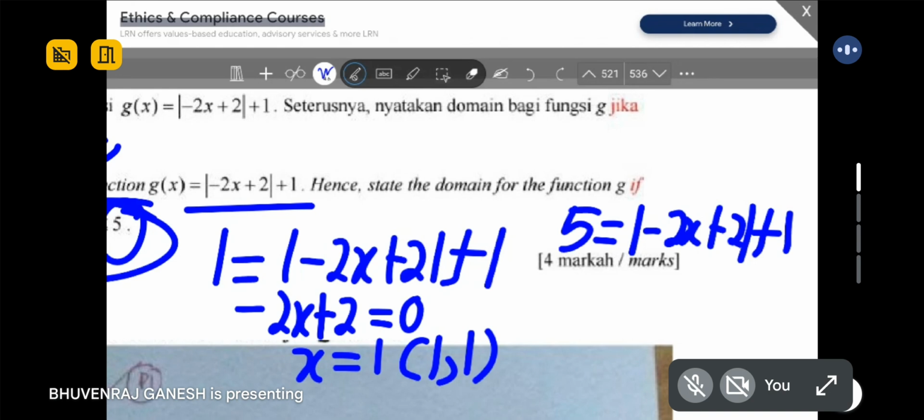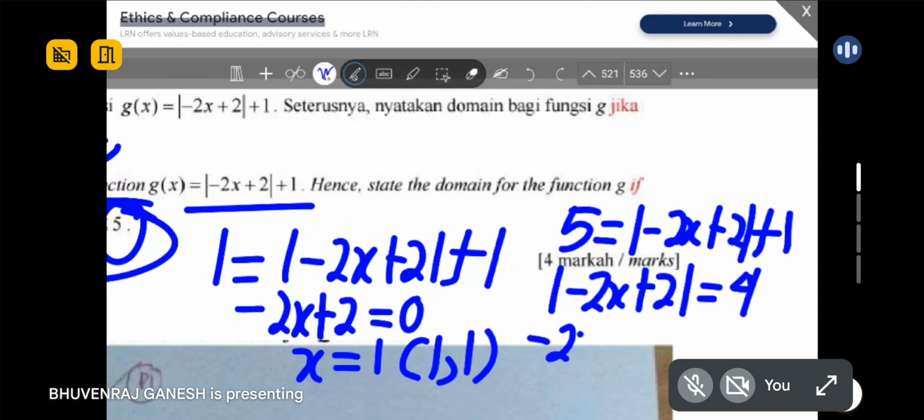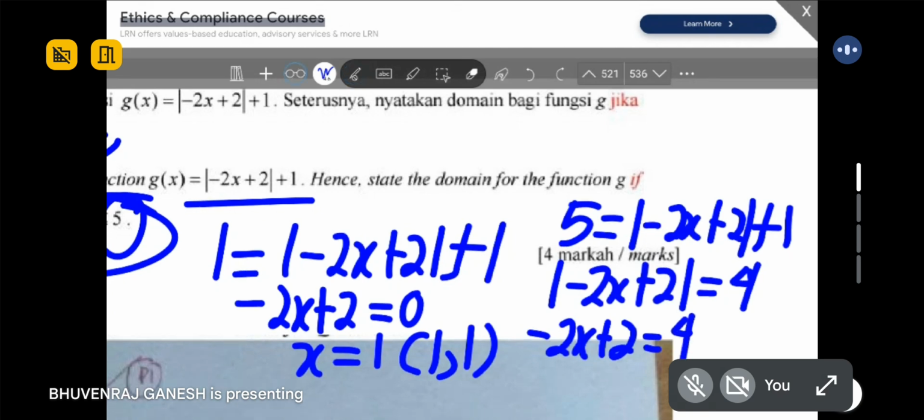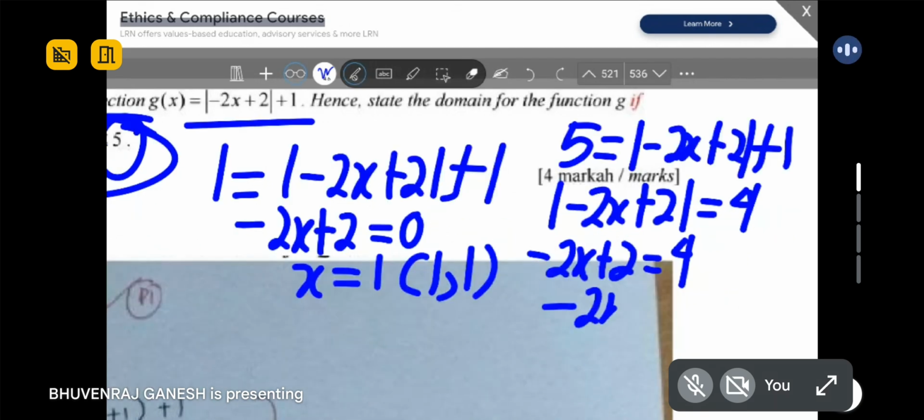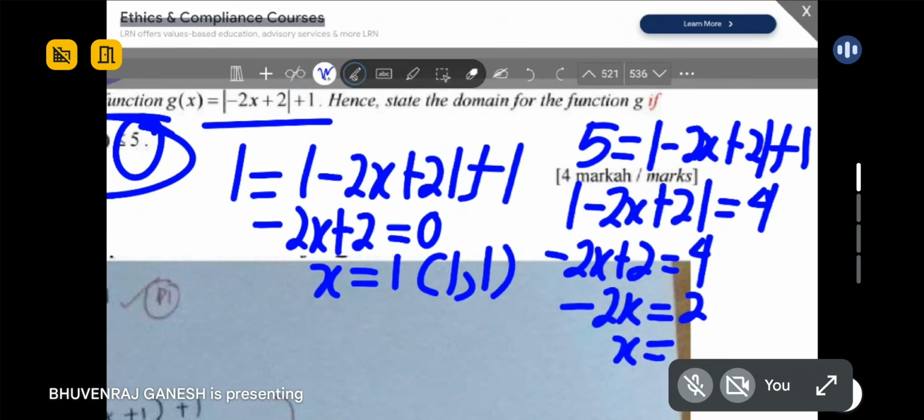Okay. So now solve for your x, guys. So you will get equal to 4. Okay, over here you will have two values, guys. Dua nilai. Because modulus is positive and also negative after you break it. So negative 2x is 2, x is negative 1. So this is your first coordinate over here.